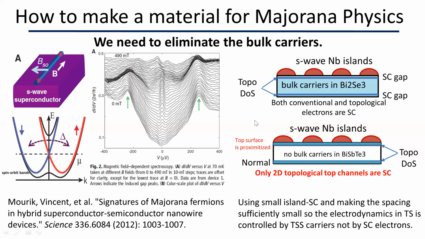We use an array of small elements as a donor of superconductivity because by making the spacing sufficiently small, the electrodynamics in the topological superconductor is controlled only by topological surface state carriers, not by superconducting electrons.